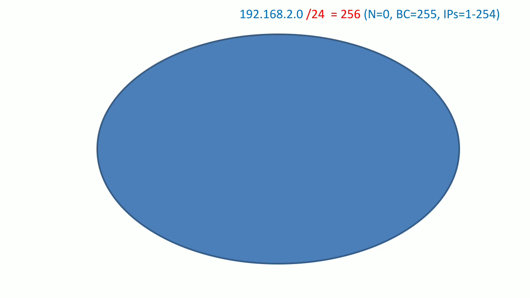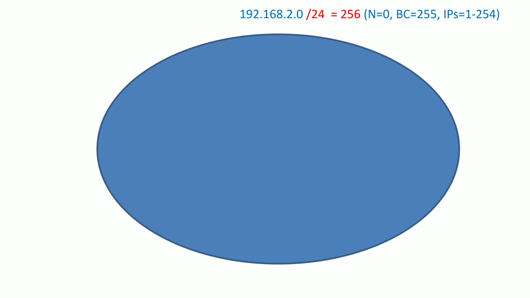The network address of this network would be 192.168.2.0, and the broadcast address would be 192.168.2.255, and the IPs that can be assigned to the endpoints would range from 1 to 254.